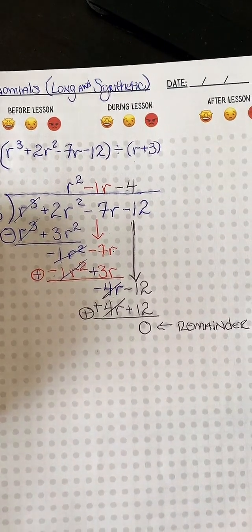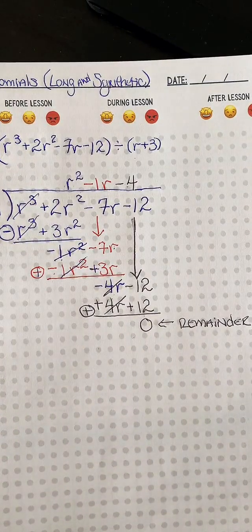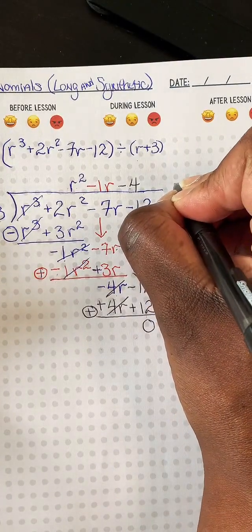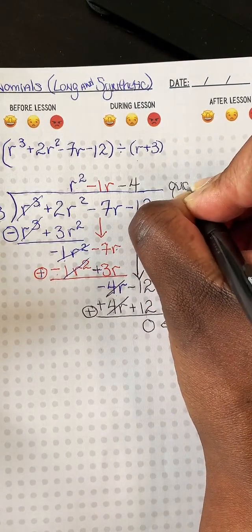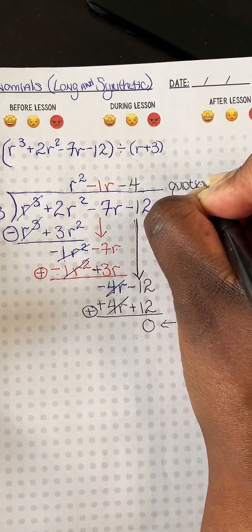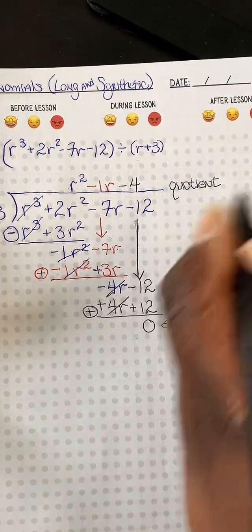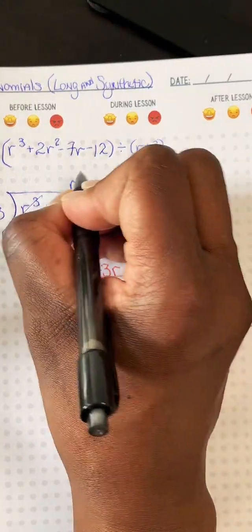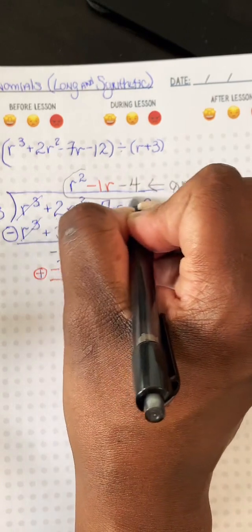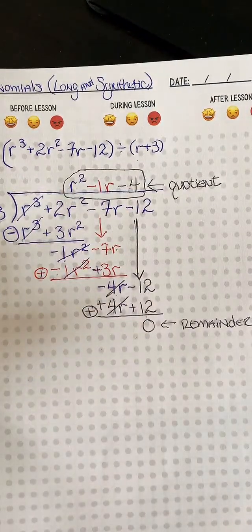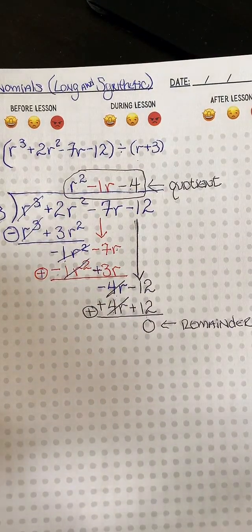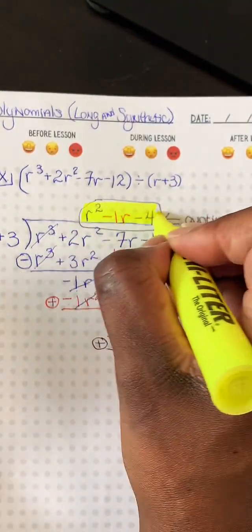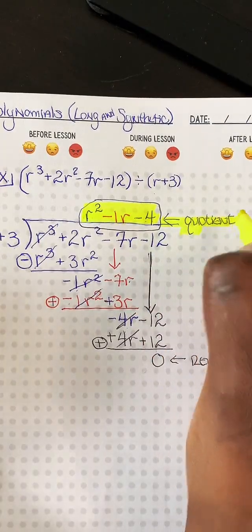That's what remains. So your answer, aka the quotient, put a little terminology in there, is going to be r squared minus r minus 4. So that's your quotient, your answer.